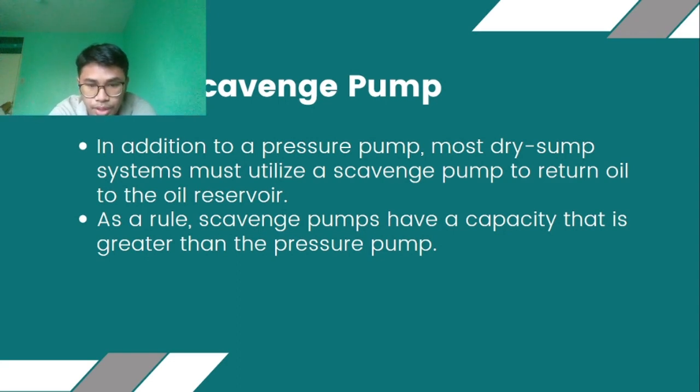The pump works by creating a low pressure area that draws oil out of the engine oil passage and channels and pumps it back to the oil tank for filtration and cooling and reuse. So, the scavenge pump is designed to remove excess oil from the engine to prevent it from accumulating and causing damage to engine components such as crankshaft bearings, crankshaft, and connecting rods.